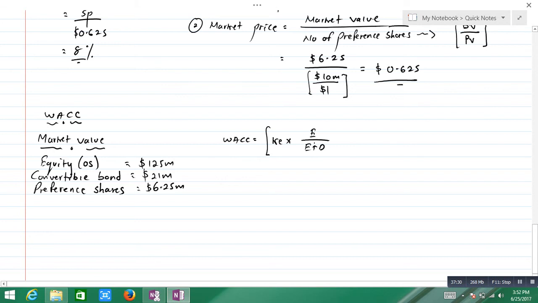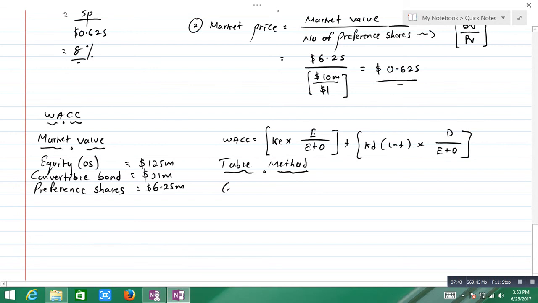Capital, market value and the cost. Definitely, the cost is the cost of equity, cost of debt, cost of preference. So we have equity, convertible bond, and preference shares: 125 million, 21 million, 6.25 million.